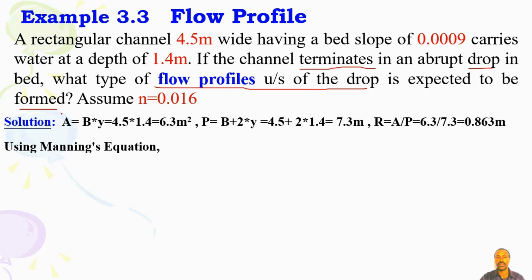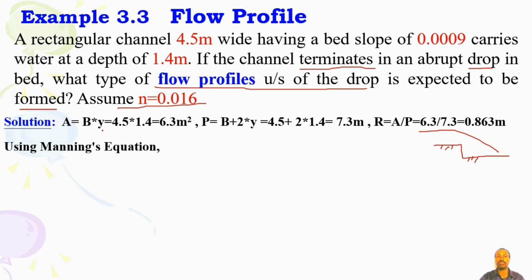Upstream of the drop, assume n is this one. So a channel comes across a drop like this. Then what type of flow profile are you going to expect?